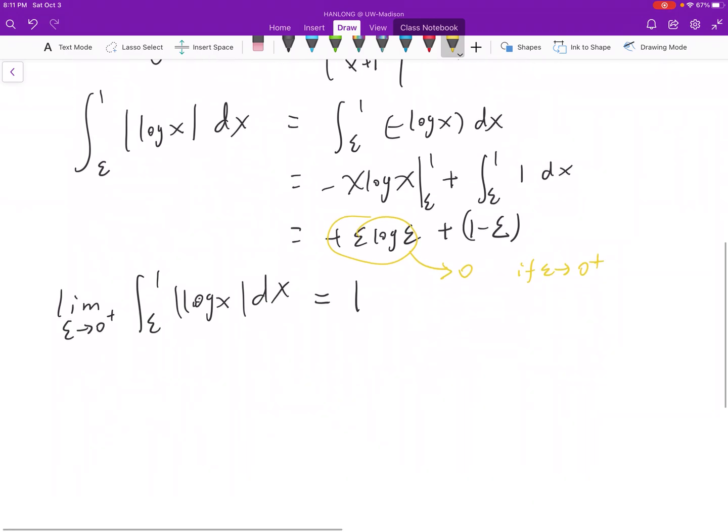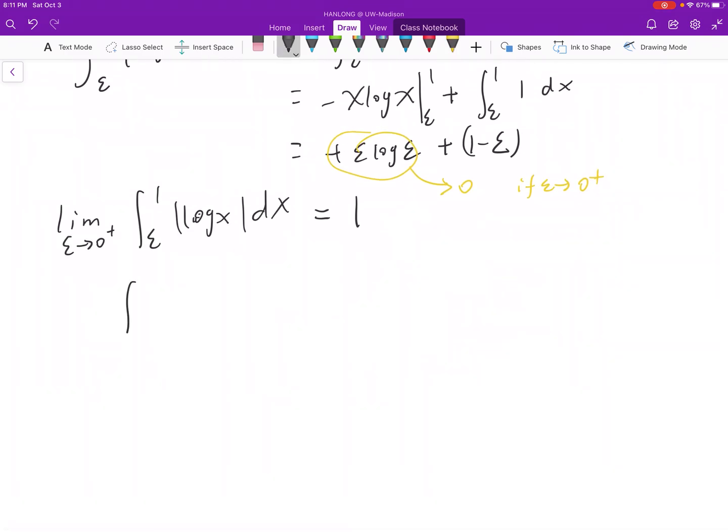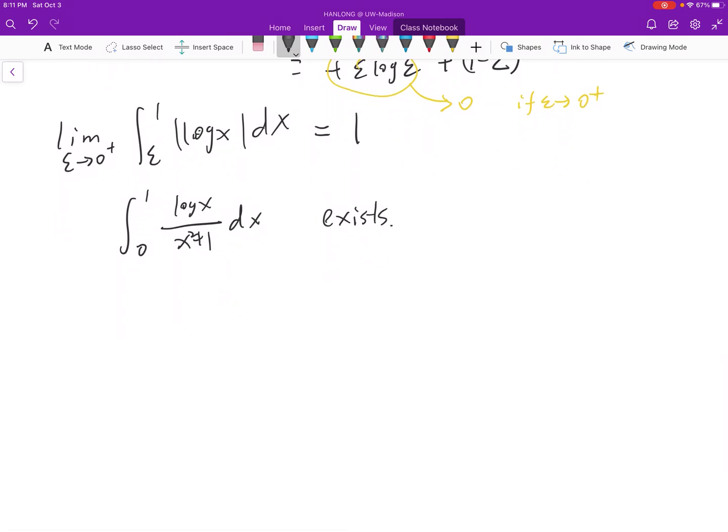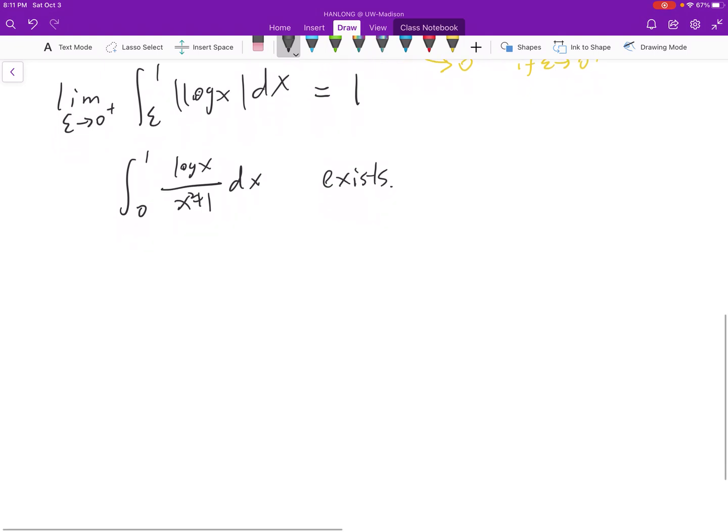Then you bound this integral, so this integral exists. That's the reason why the integral exists, though it's not a Riemann integral.